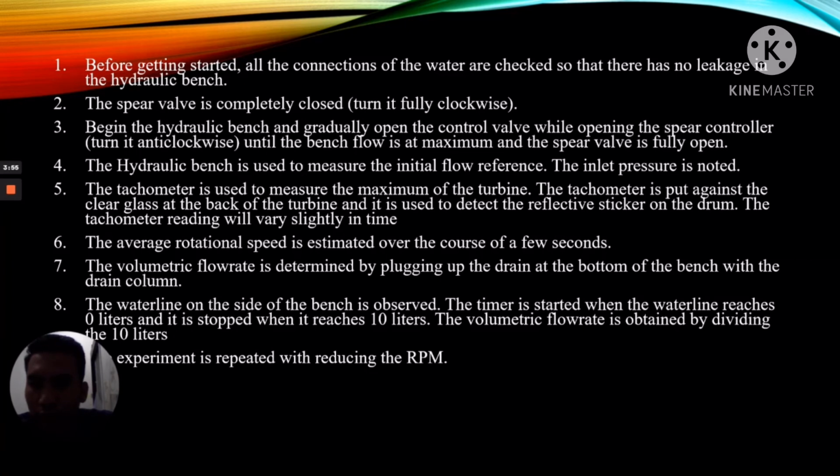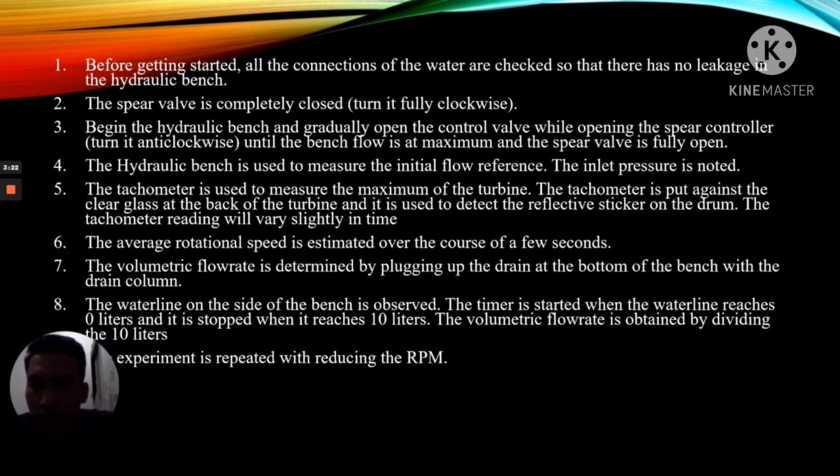Number 3 is to begin the hydraulic bench and gradually open the control valve while opening the spear controller until the bench flow is at maximum and the spear valve is fully open. Step number 4 is the hydraulic bench is used to measure the initial flow reference, and the inlet pressure is known.